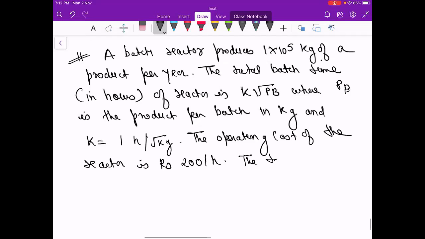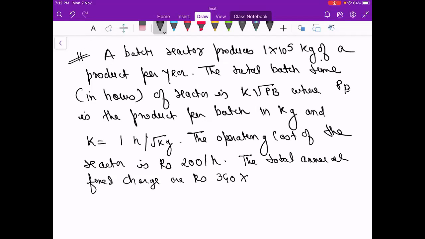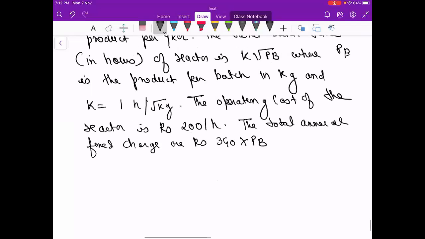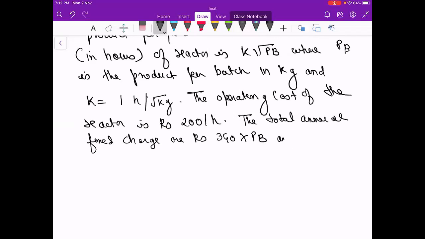The total annual fixed charges are rupees 340 × PB, and the annual raw material cost is rupees 2 × 10^6.